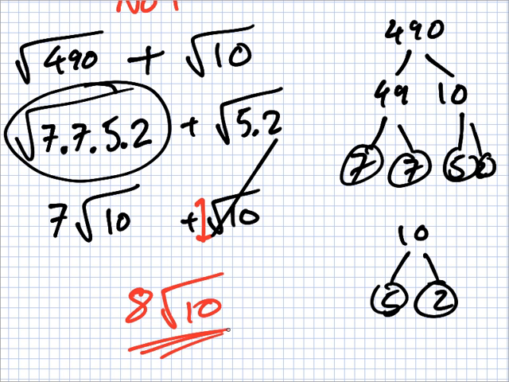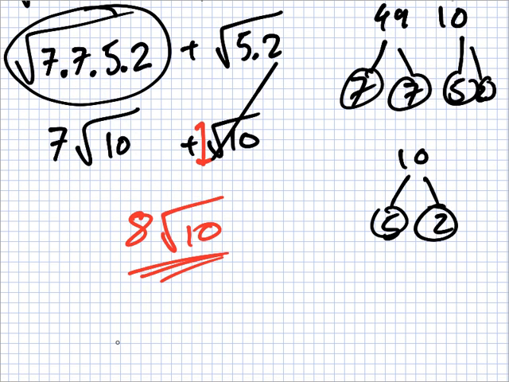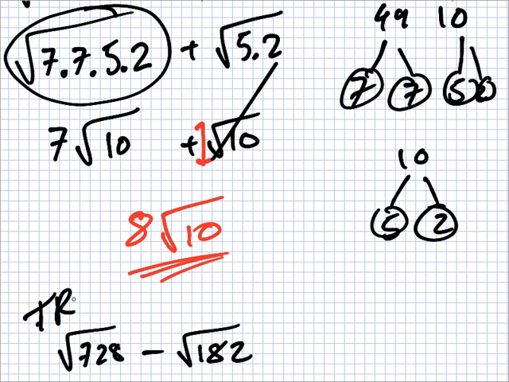Now, before I go on, let me actually just give you guys one to practice. I just want you to try this one for me. Root 728 minus root 182. Just give this one a quick try, just to make sure you're getting the idea here. Without the calculator. Rots the brain if you use it too much.